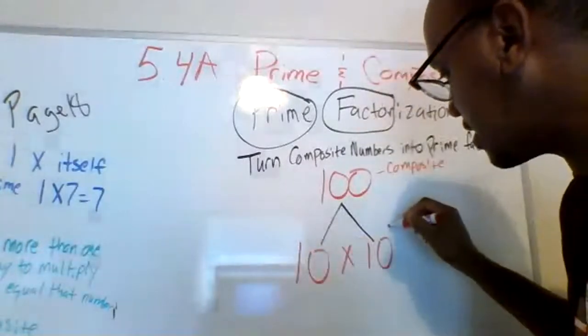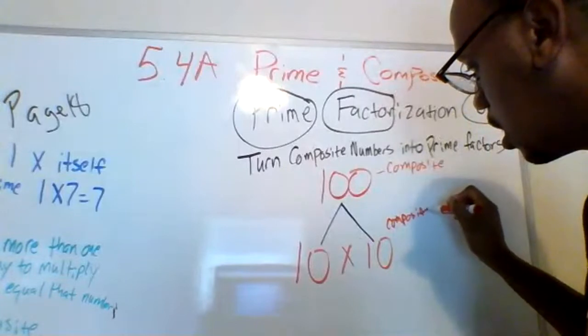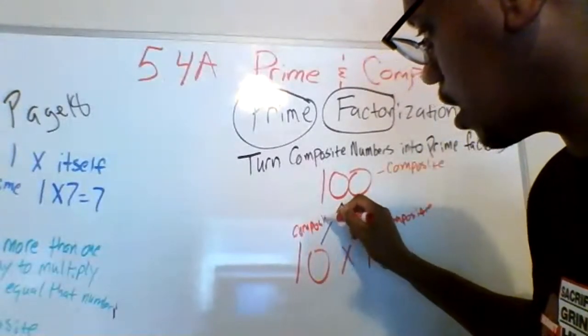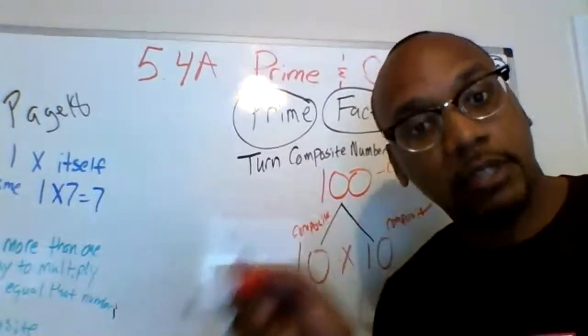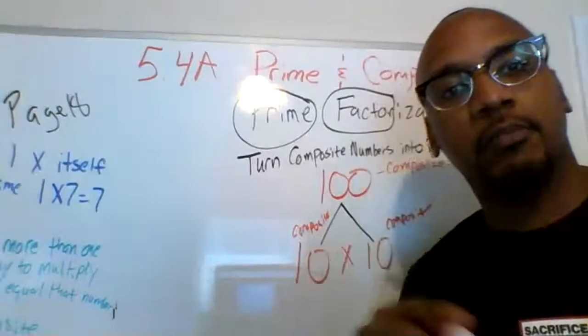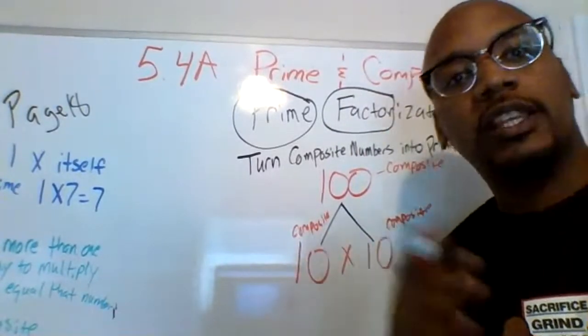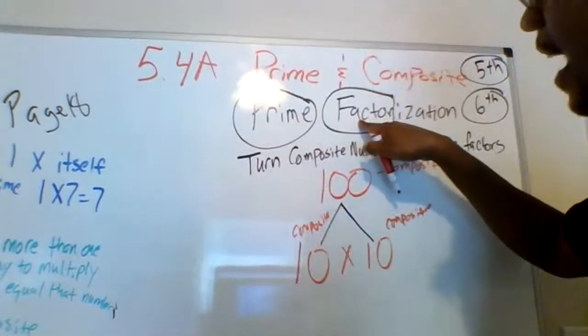Well, 10 is composite, and this 10 is composite. How do I know it's composite? Because 1 times 10, 2 times 5 is more than one way to multiply to get 10. What that means is you're not done. You need to do prime factorization.